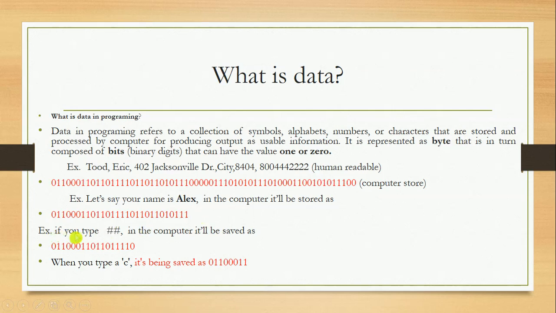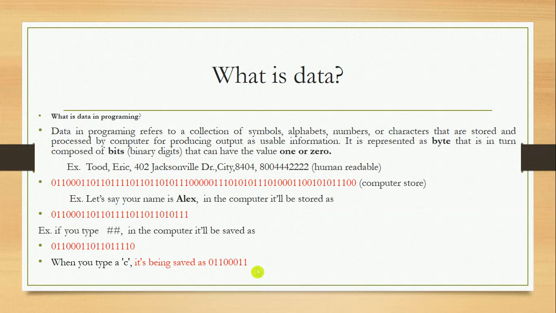What if you type double hashtags? Again, in the computer, it will be saved as ones and zeros like this. What if you type a character like this? Again, it will be saved as zeros and ones.